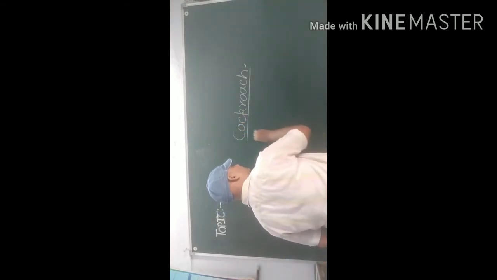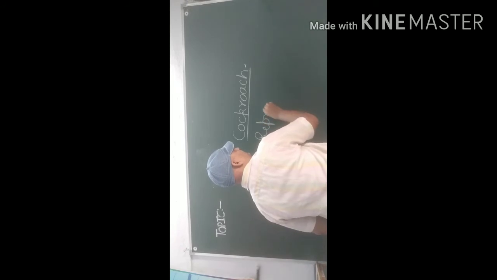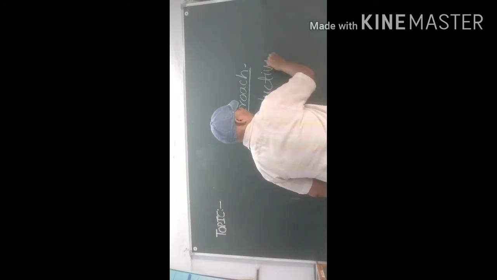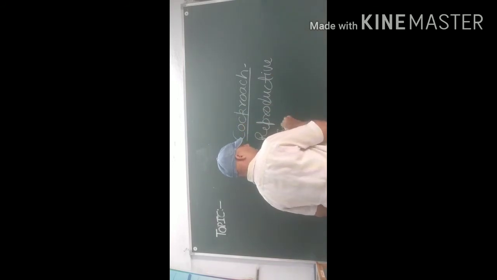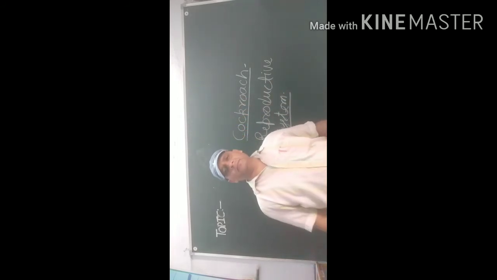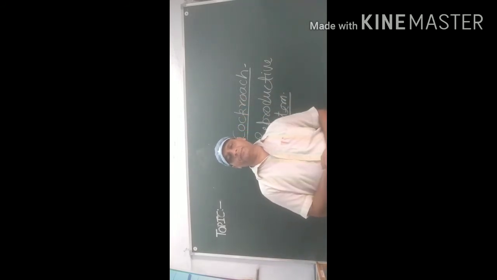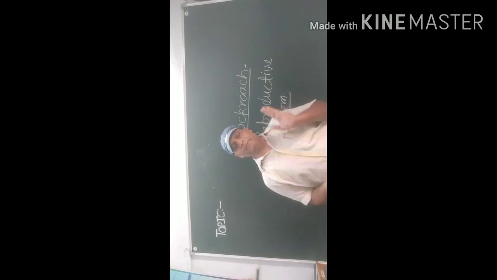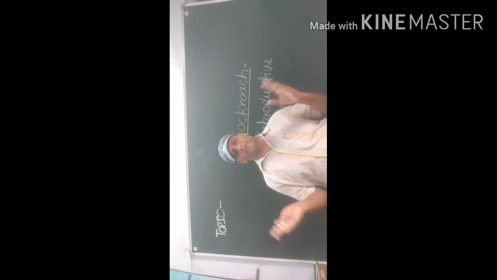Reproductive system. Cockroaches are dioecious animals. Males and females are found in different forms.